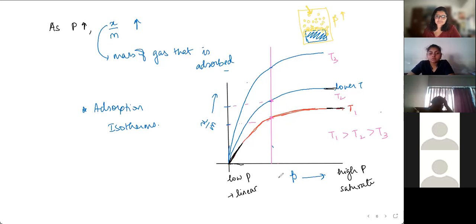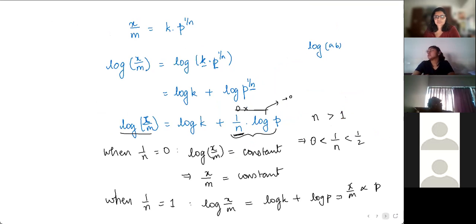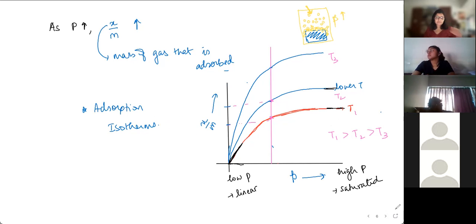At low pressure this becomes linear, which means Freundlich's isotherm, that particular formula, will kind of fail, because during extreme cases this is what will happen. Cool. So this is Freundlich's isotherm.